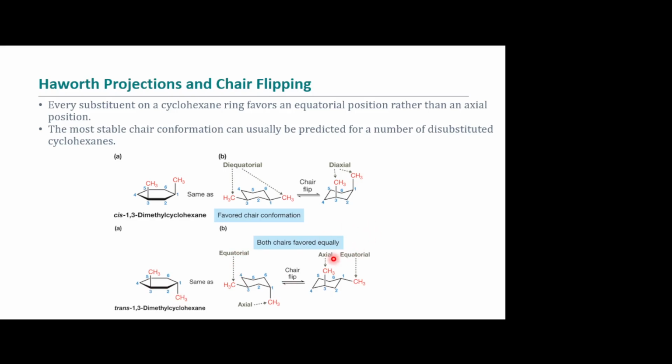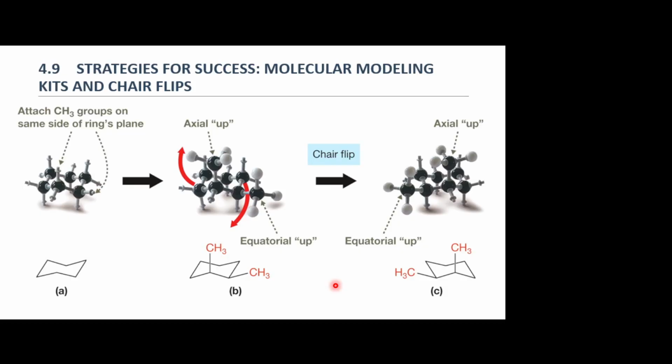When this one is axial, this one ends up equatorial. And so they're equal in energy. One of them is always axial, one is always equatorial, so neither of these chair forms is favored over the other. They're both the same stability, the same energy.